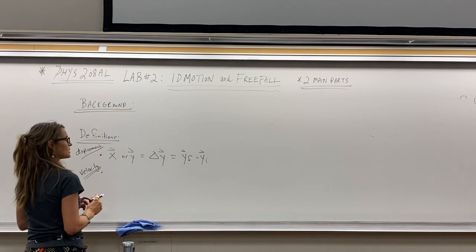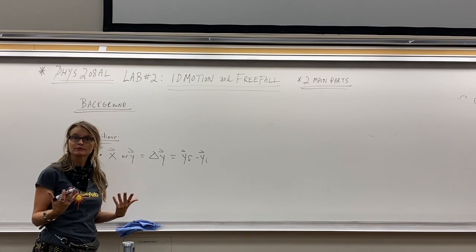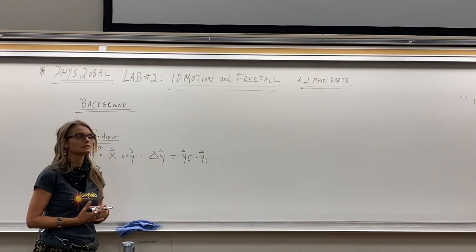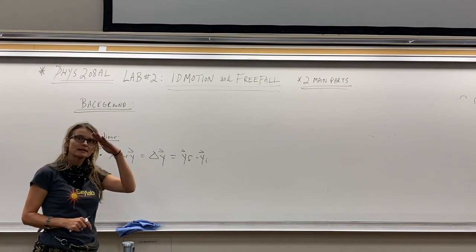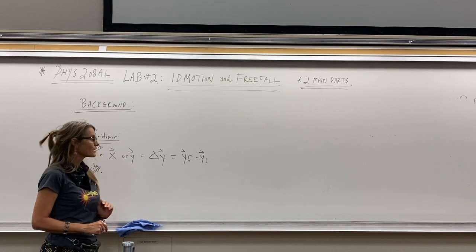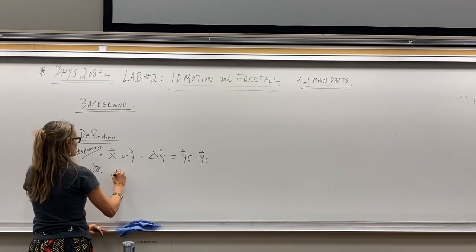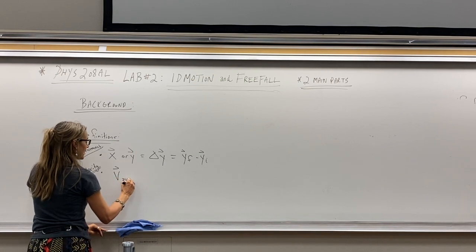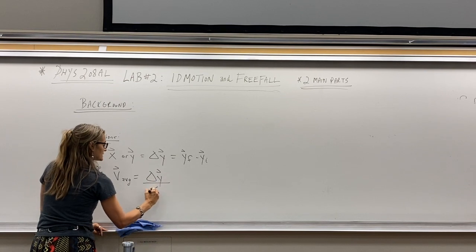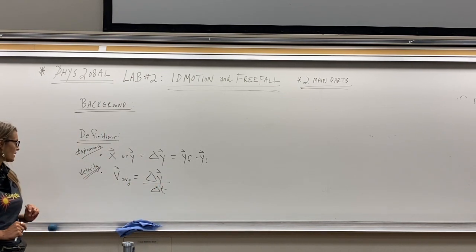In this lab we'll do a lot of average velocities, but for instantaneous velocity, that's when we take our derivative if we have an equation, or take the slope of the line. All the tangent lines will give you the instantaneous velocity. So V average is delta y over delta t. Our displacement over time will give us our average velocity.